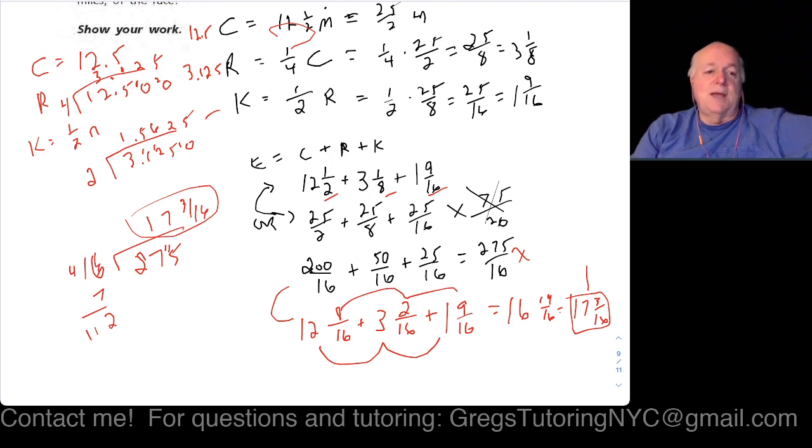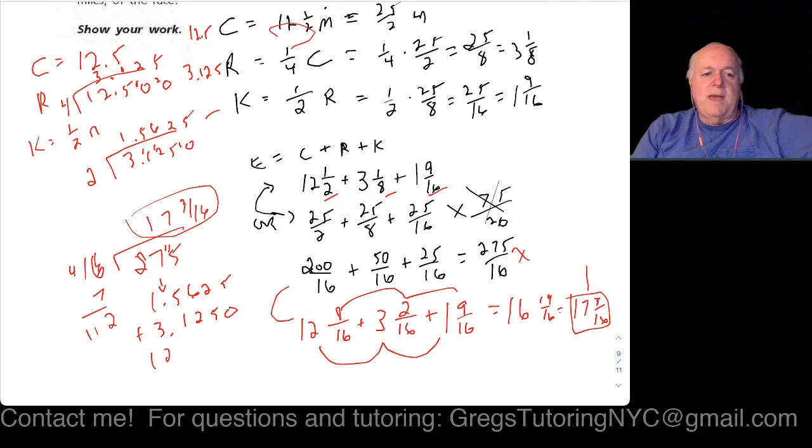And then what we have to do is add those up. So let's do that here. 1.5625 plus 3.125. So we're lining up the decimal points. So we're going to add a 0 here just to make it cleaner. And then the other number was 12.5.